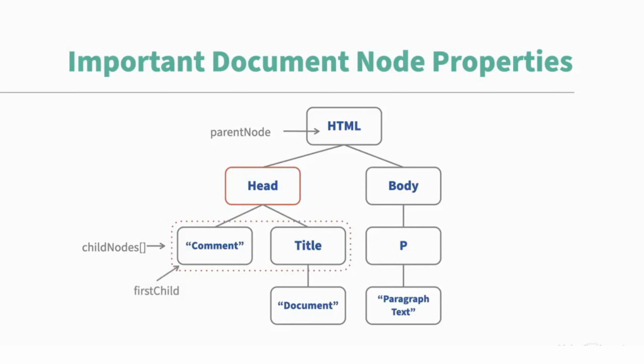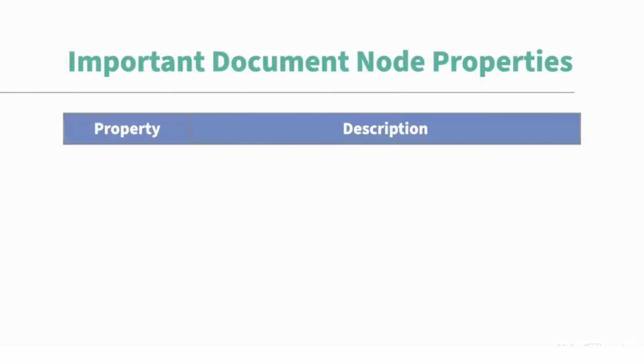The comment is the first child of the head, while the title is the last child. The head and body nodes are siblings of each other, and specifically the body is the next sibling of the head. And you're going to see this kind of terminology used throughout the DOM API. All right, so let's talk about some important DOM properties that you'll come across when you're using the API functions.